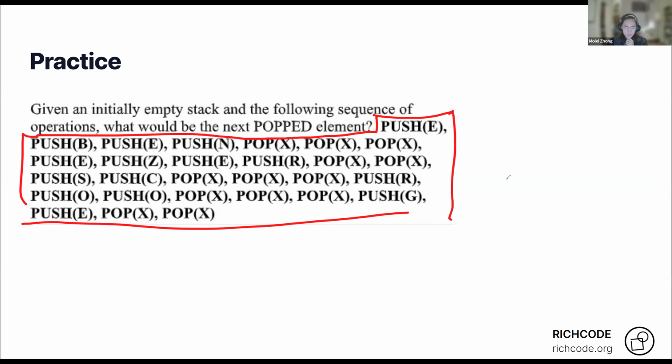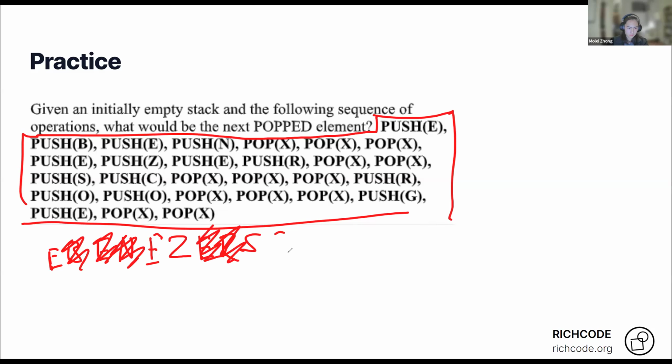So it looks like a lot of people had the chance to answer. Let's go over this together now. And I'm just going to start with writing it out again. So we push E, B, E, N, pop, pop, pop, E, Z, E, R, pop and pop, S, C, pop and pop, pop again, push R, O, O, and we pop 3 times.